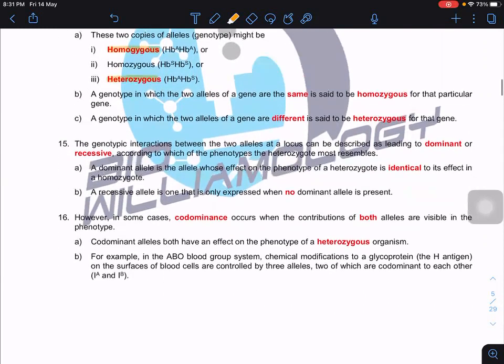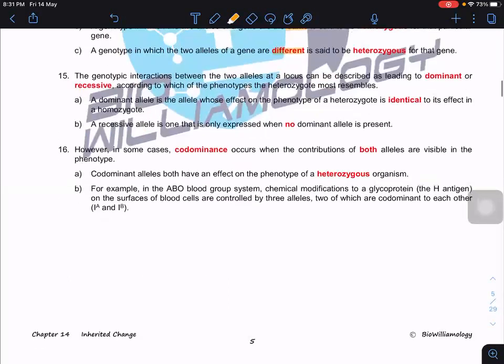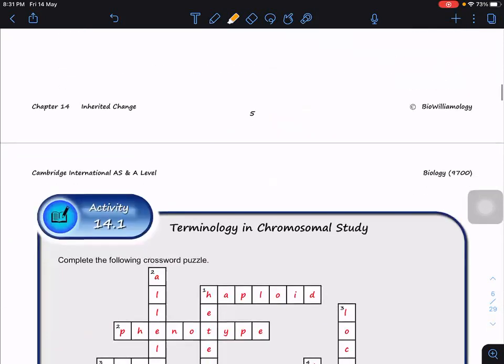When we say homozygous, it must be the same; different ones are heterozygous. An allele can be either dominant or recessive. But in some cases, you may have the co-dominant case, where the effects of both alleles can be seen, particularly in heterozygous conditions.